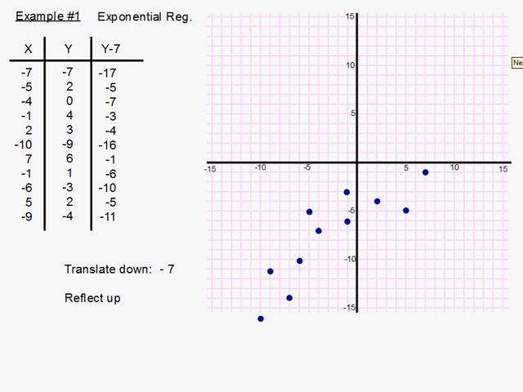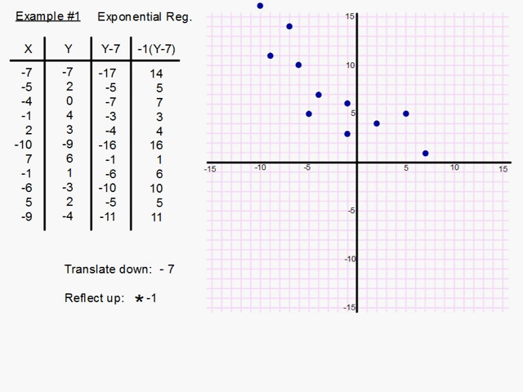Now, what we've done is made all of them negative, which seems counter to what we want. But now if we reflect it up by multiplying by -1, it's all going to be positive. So reflect up, boom.